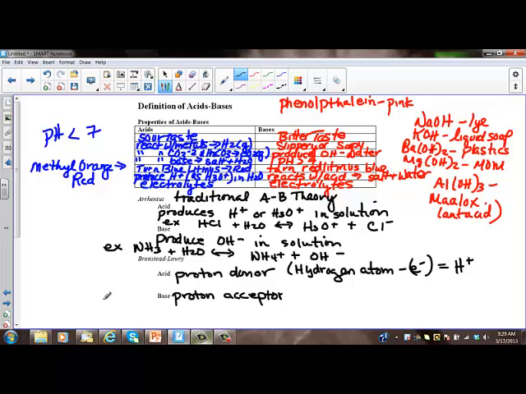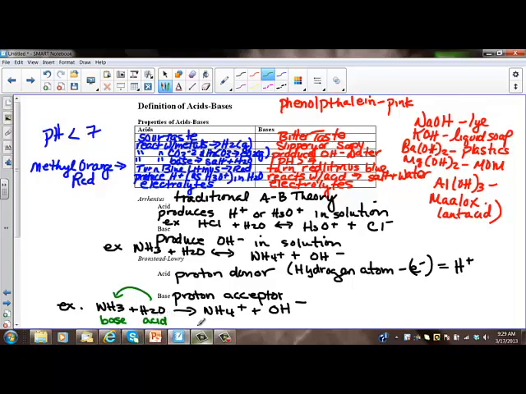An example here, we'll use the one that I did earlier, so the NH3 plus H2O yields NH4 plus and OH minus. Here, the H2O is donating to NH3. So this is considered the acid, and this is considered the base because it's accepting the proton.